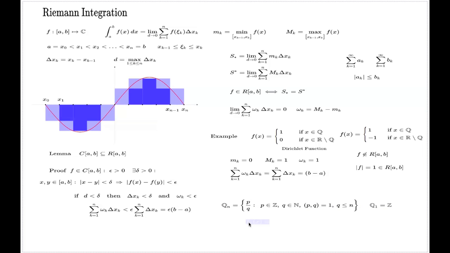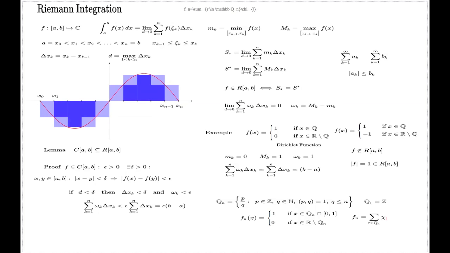Now look at what I'm going to do. I'm going to consider a function f sub n, which will be 1 when x is from this special set Q sub n, and 0 when it's from the rest of the numbers. This function is Riemann integrable for every n.